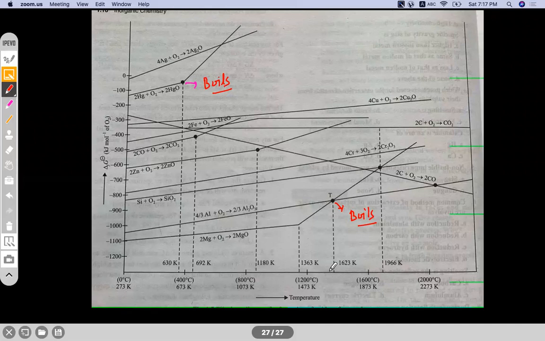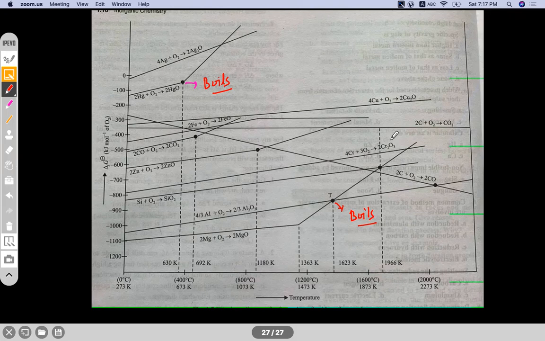For silicon and magnesium, it is possible till 1966 Kelvin. Till this temperature, magnesium can reduce silicon, but beyond it, the opposite happens.